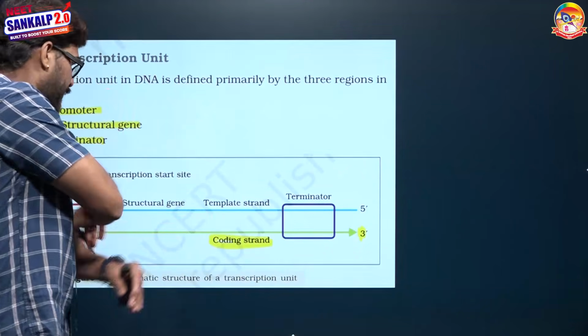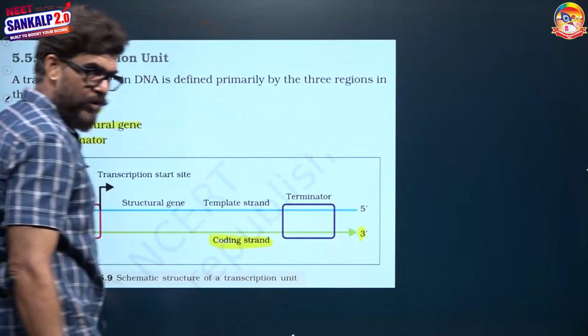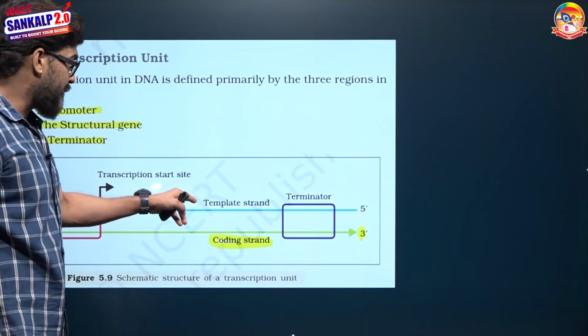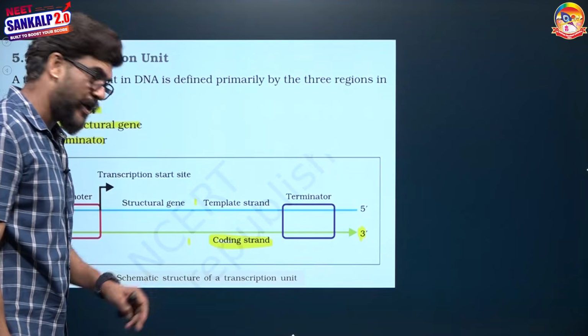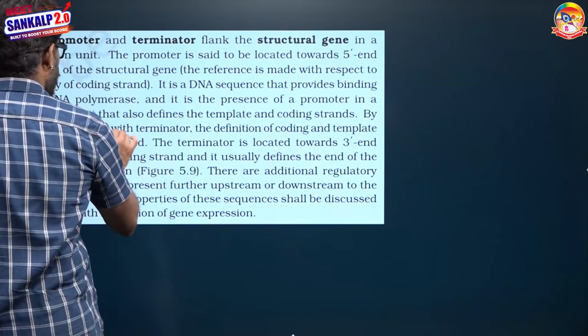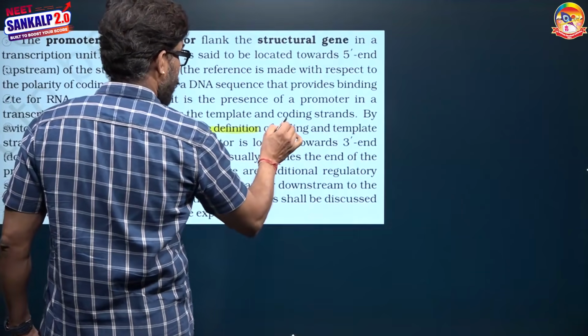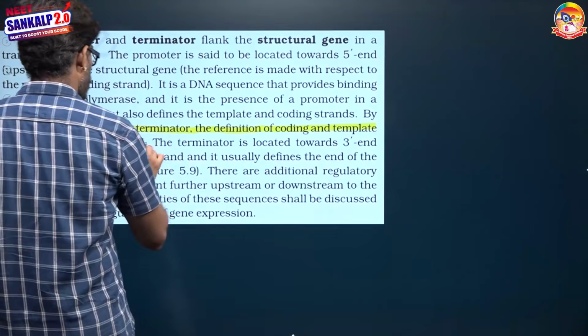Suppose I place the terminator here and the promoter here, then you must remember that this strand will start to act as the coding strand and this will start to act as the template. So here there is a line: switching the position of the terminator and promoter, the definitions of coding strand and template strand would be reversed.